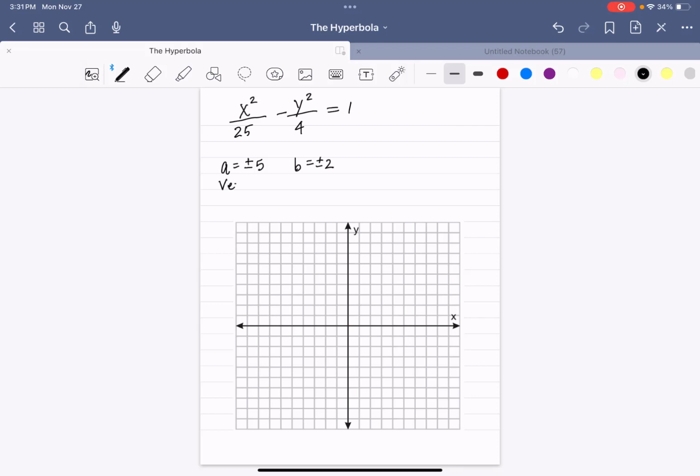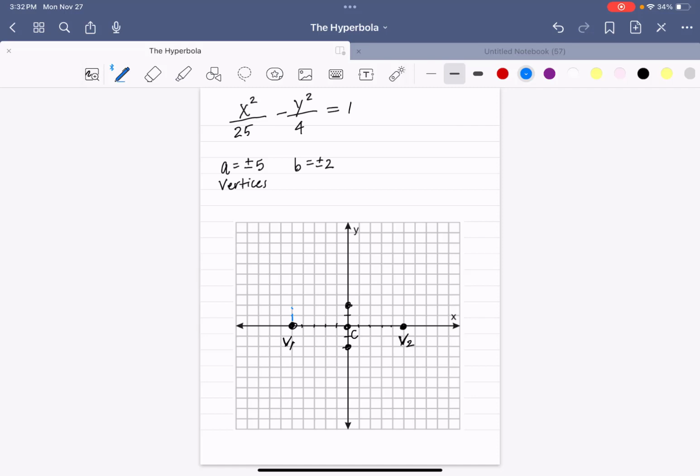And your vertices are going to be on the x-axis because the x is positive. So I go 1, 2, 3, 4, 5 to the right, 1, 2, 3, 4, 5 to the left, and I'll go ahead and mark those as vertex 1, vertex 2, and of course our center is still at 0, 0, so I'll call it C. Now our 2 guide points are going to be at 2 and minus 2, so here and here.